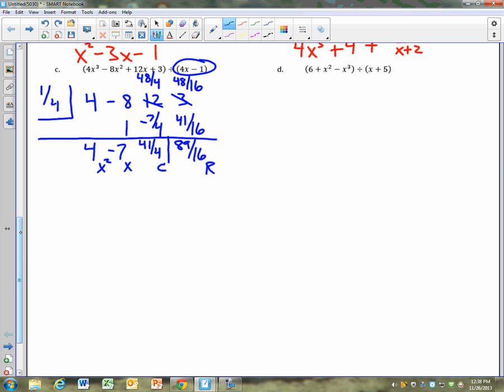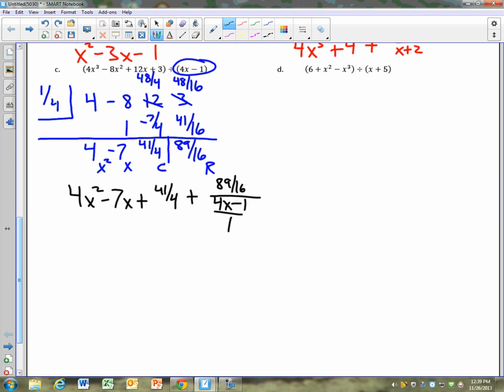So my final answer is 4x squared minus 7x plus 41 fourths, plus 89 sixteenths over 4x minus 1. Can't have a fraction in the top, but we'll just leave it right now. Technically, you should multiply by the reciprocal of the bottom, so you just have one fraction. So, kind of a minor point at this part.